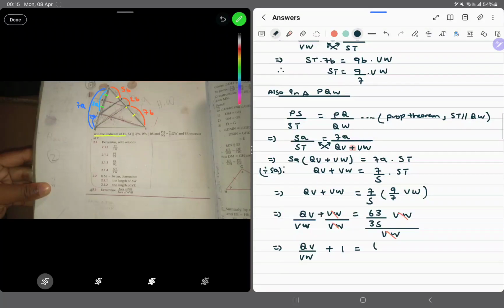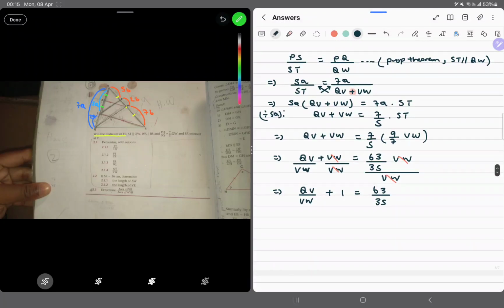So this is 63 over 35. Great. So now we transpose the 1. We can say therefore QV over VW is going to be 63 over 35 minus 1, which is going to be equal to, now just take 35 and multiply there.